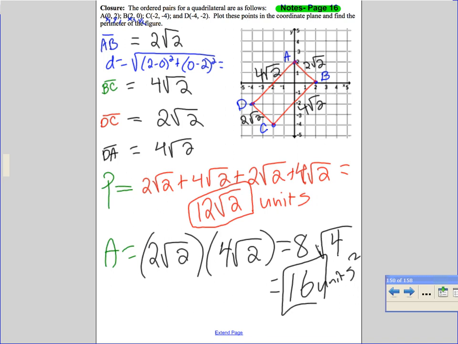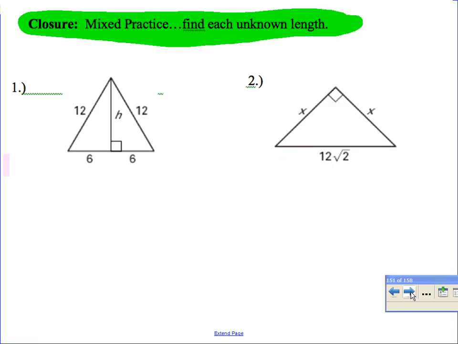Questions on that? Okay, let's go to the second warm-up, which was on page 18 of your notes. So first of all, on number 1, you need to find h, but is that the hypotenuse? No, it's the height, so make sure that you're careful on there. It's the longer side, okay?